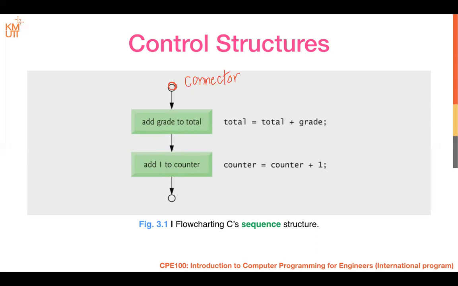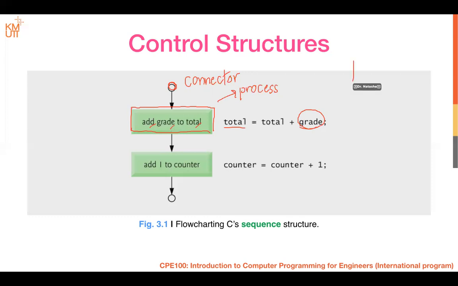And in this flowchart, you can see this rectangle. A rectangle represents a process or execution. For this example, if you want to add grade to total, what does it mean? You want to add grade, if you have a grade, into this variable total.